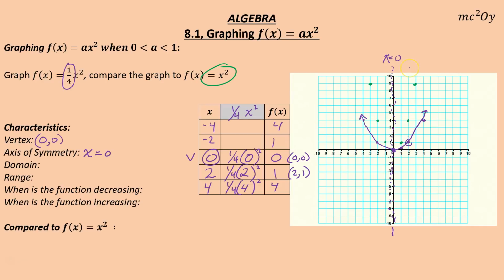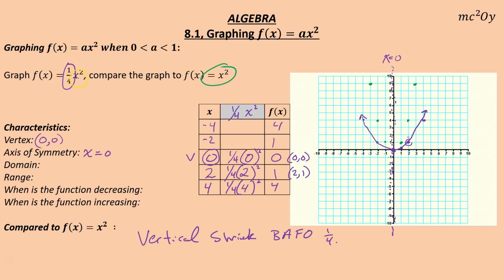This is called a vertical shrink. That means it's shrinking towards the x-axis by, and let's use BAFO here, by a factor of 1/4. Okay, vertical shrink by a factor of 1/4.